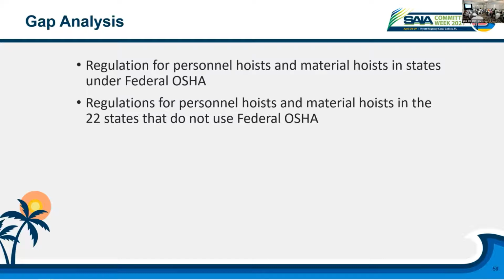But then in that same paragraph, the following sentences say that (c)(1) does not apply to cantilevered hoists. So personnel hoists that we use now, aren't they all cantilevered? So that rule doesn't even apply if you go by that standard. So what rules do? And that's where the big hiccup is between OSHA and the regulations of the states.